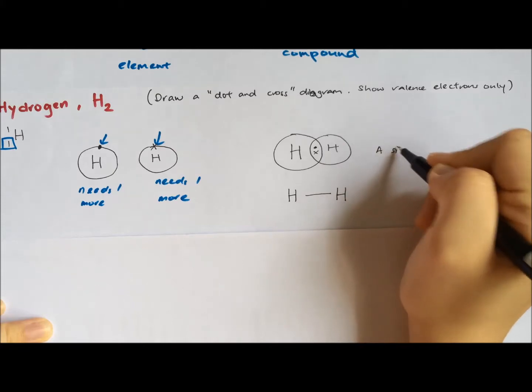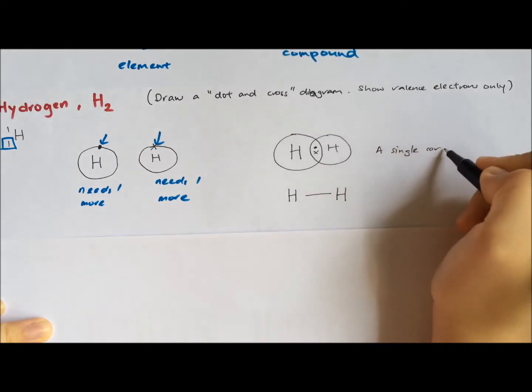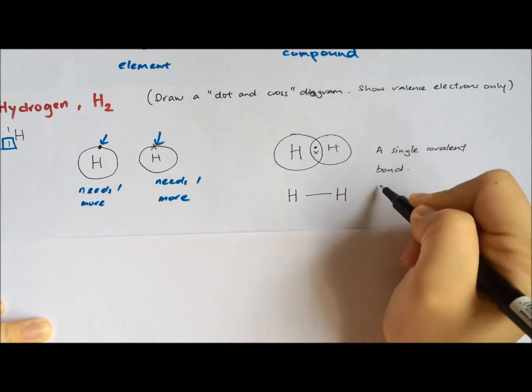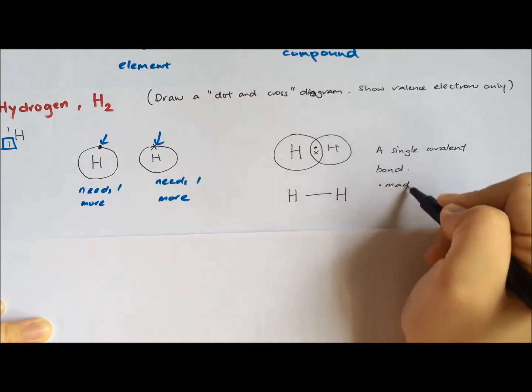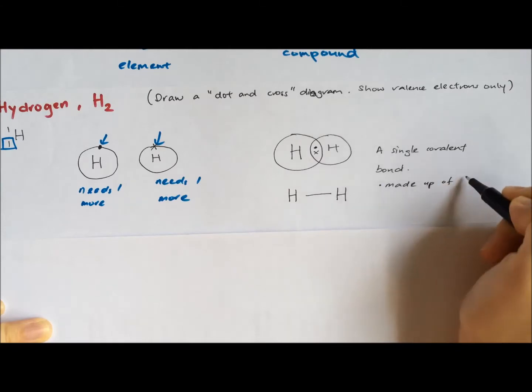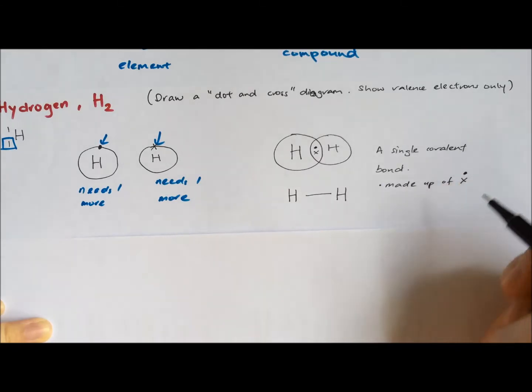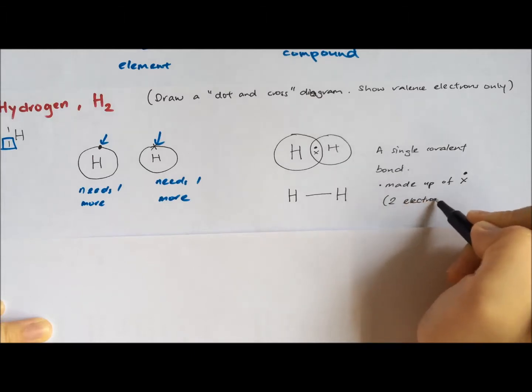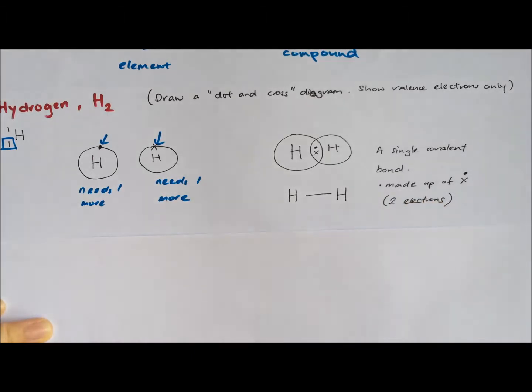This we call a single covalent bond. So a single covalent bond is made up of one dot and one cross, which also means it's made up of two electrons.